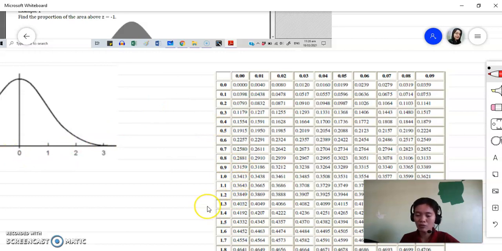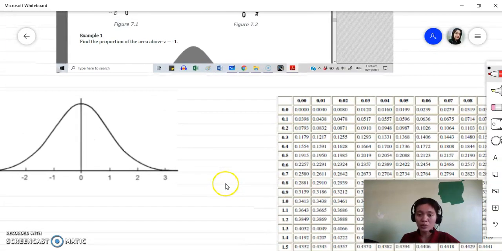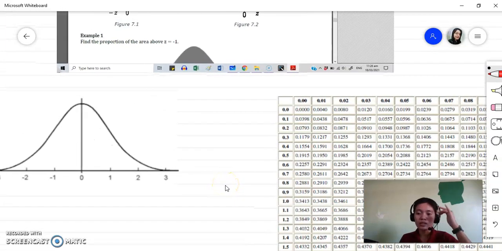That is half of the normal curve. And remember, half of the area is 50%, so that's 0.5. That's why we're going to either add or subtract to get the required area.